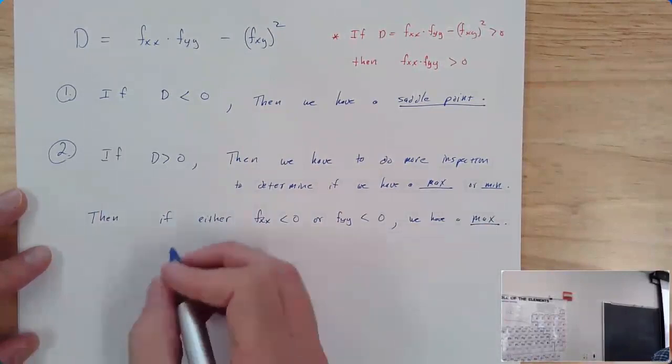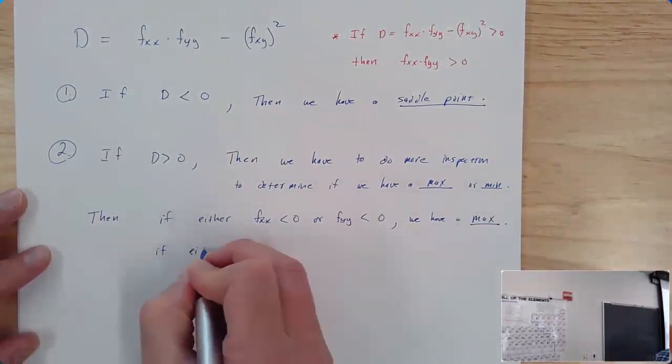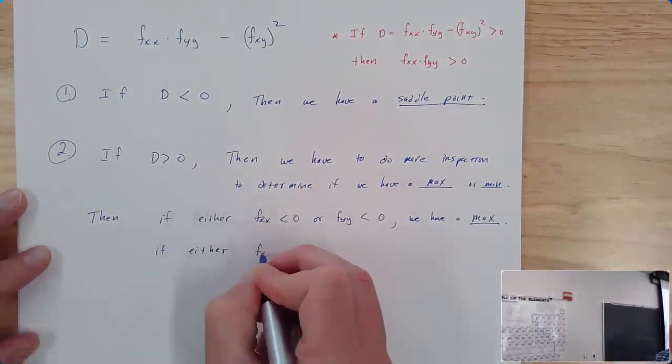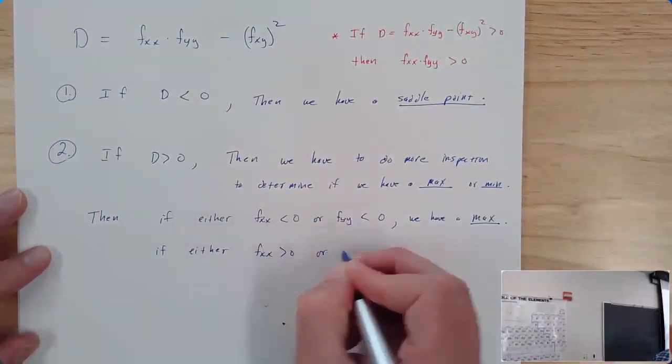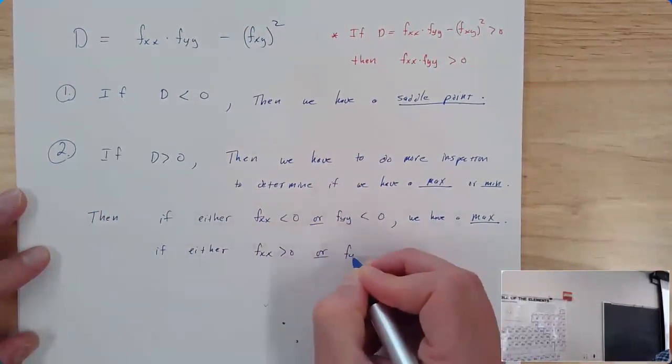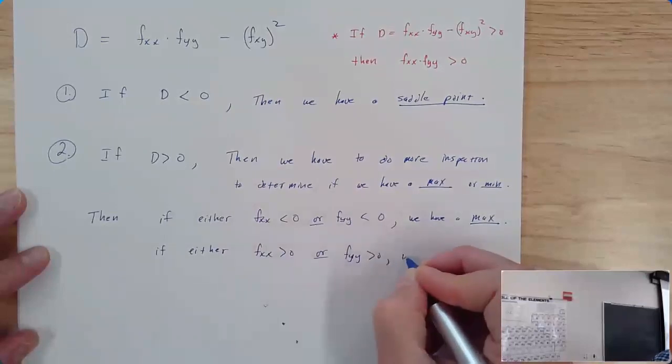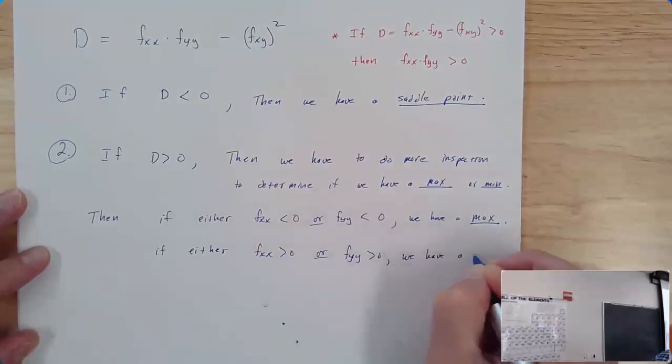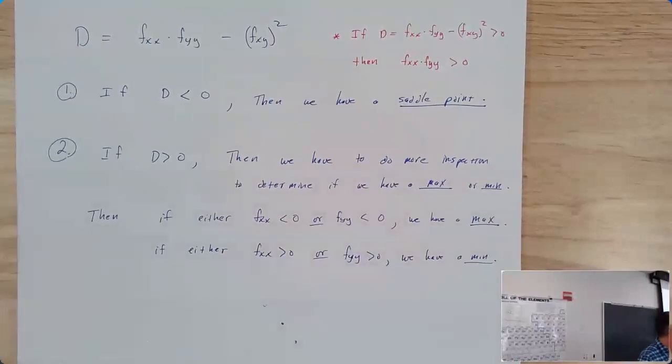And similarly, if either, you don't have to check both, just check one, fxx is greater than 0 or fyy is greater than 0, we have a minimum. But just check one, because of the same sign.